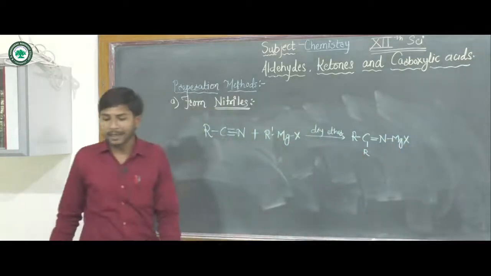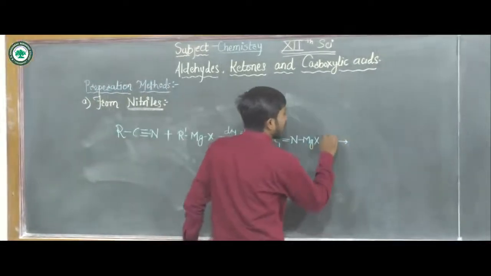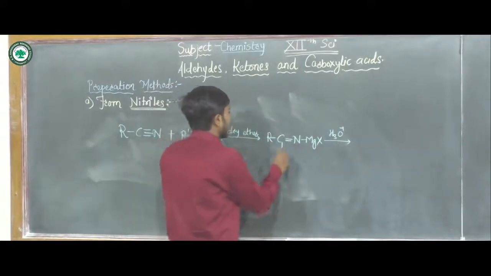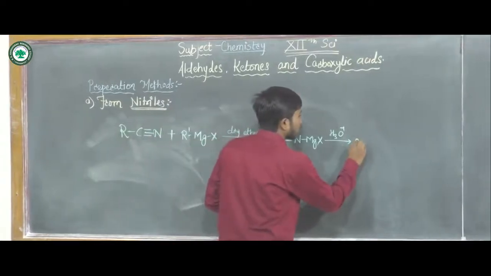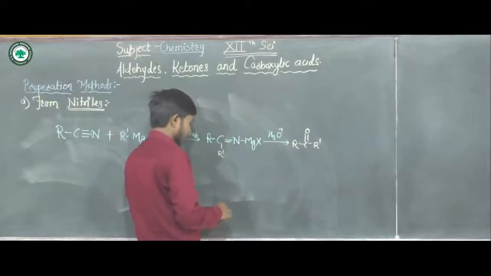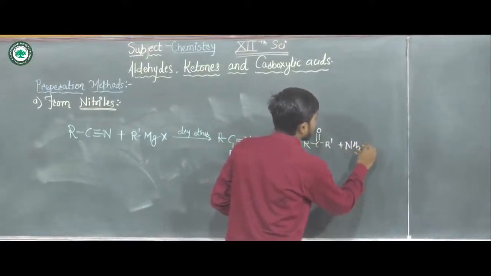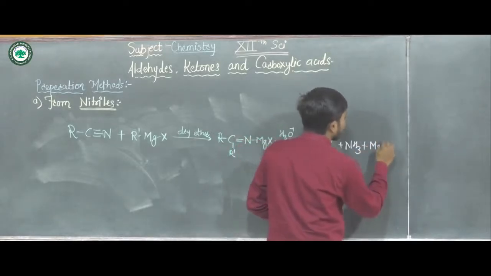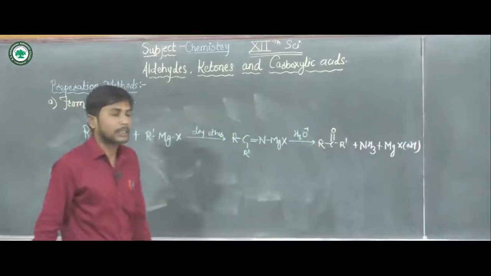there is a magnesium complex prepared, and this magnesium complex on acid hydrolysis gives the corresponding ketones, and ammonia, and the magnesium product is given out.